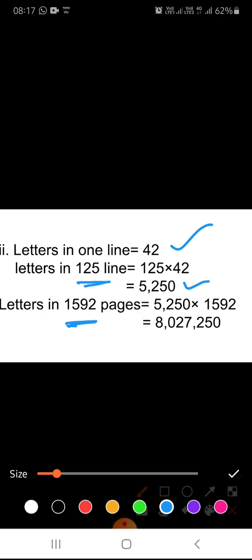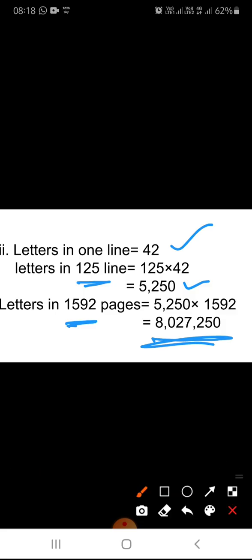So we will multiply 5250 by 1592 and we'll get the answer. What's the answer? 8,358,000. Okay, so this is the answer. These are the total number of letters in the whole book. Hope it is clear.